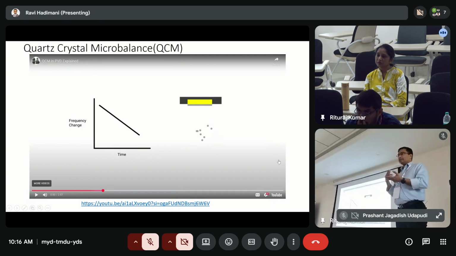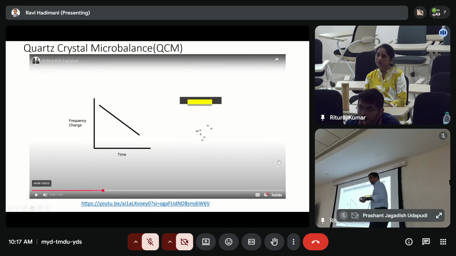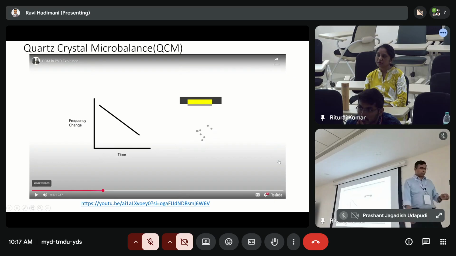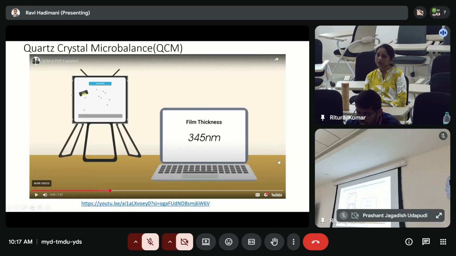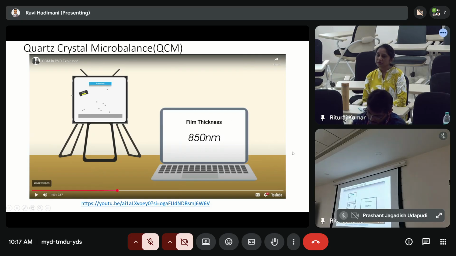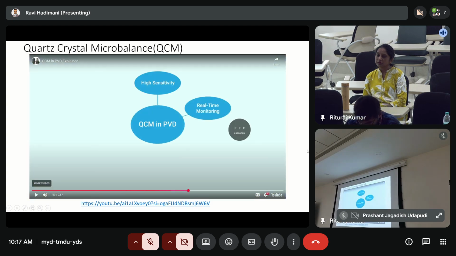You can use a scanning electron microscope, ellipsometer, or TEM, whatever high magnification microscope you have. You can't use an optical microscope below 100 nanometers. So this is a really useful tool. It's just a quartz crystal.